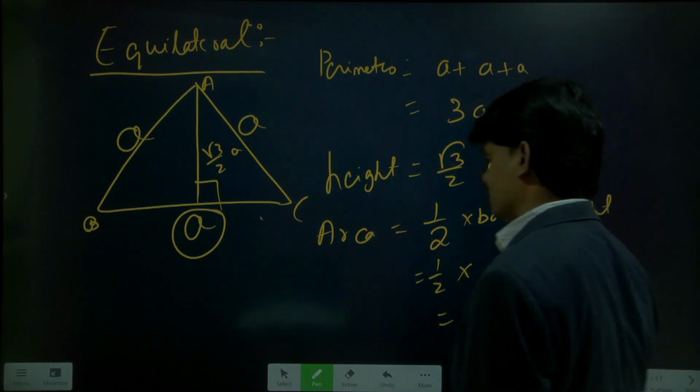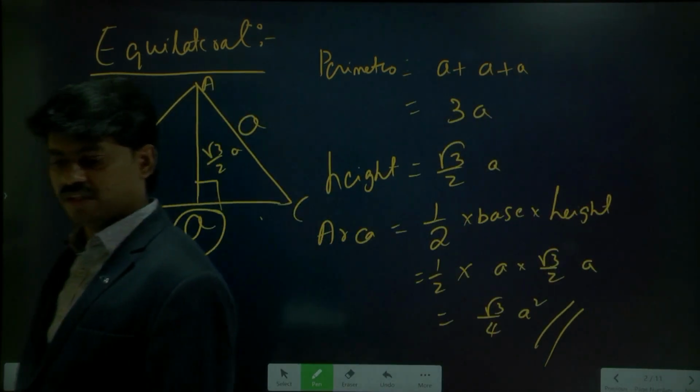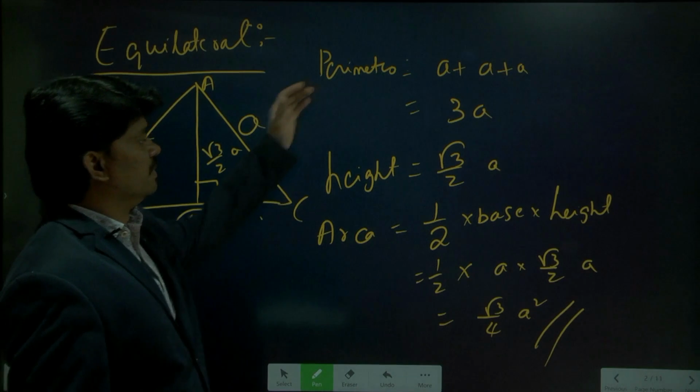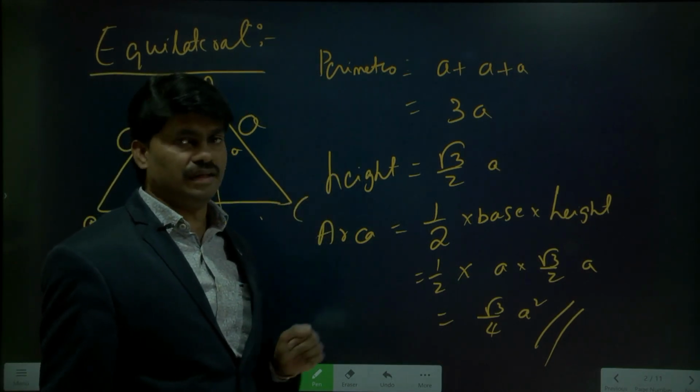Please check it. Okay. So equilateral triangle is over: perimeter, height and area.